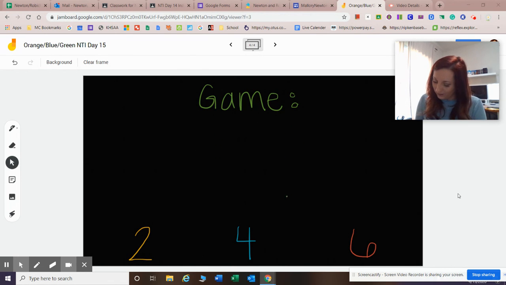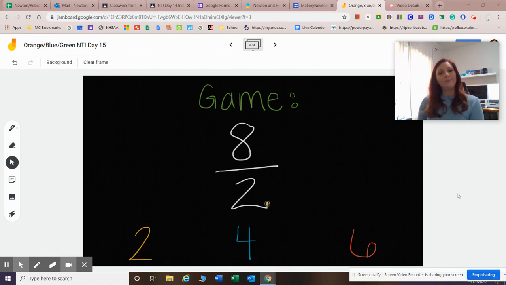All right, what about 8 halves? If I had the fraction 8 halves, what would that be equal to? Would it be equal to the whole number of 2, 4, or 6? If you said 4, you're correct, because I know that 8 divided by 2 gets me 4.